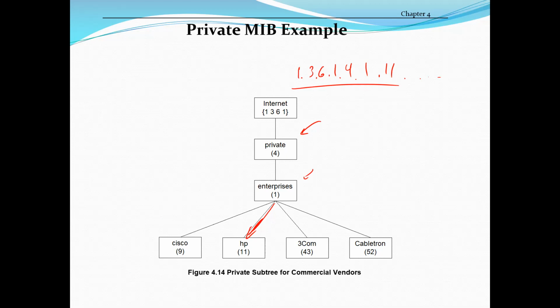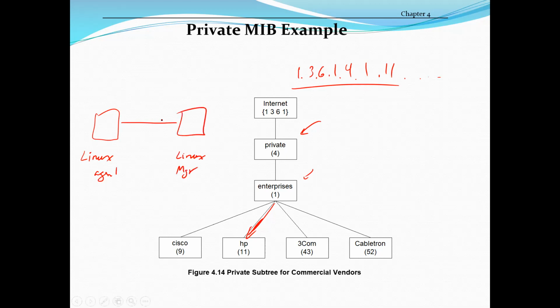All right. So okay, that's the OID. I think it's pretty straightforward. Now, one interesting thing is, we'll probably do an example of this where I have a Linux machine, a Linux agent, and then I have a Linux manager.